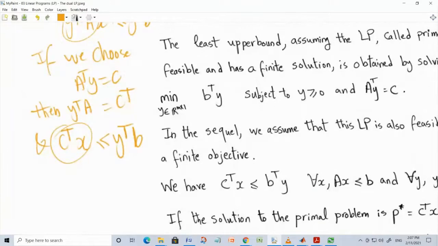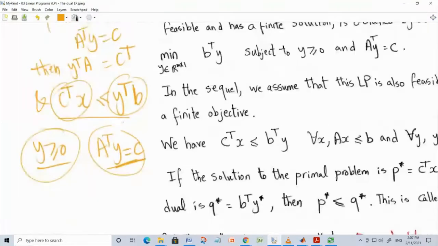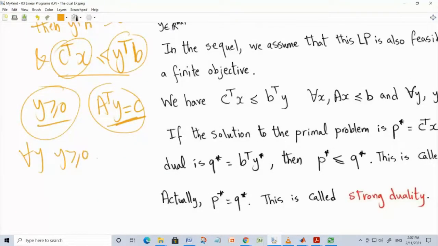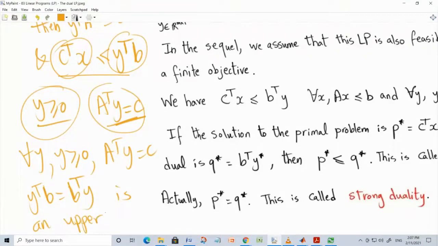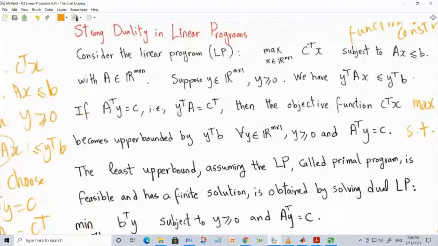So if you choose y greater than or equal to 0 that also satisfies A transpose y equal to c, then y transpose b, which is also b transpose y, is an upper bound on our objective function, which is C transpose X, C1x1 plus C2x2, and so on.